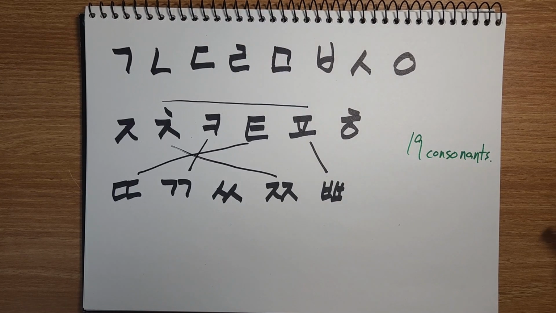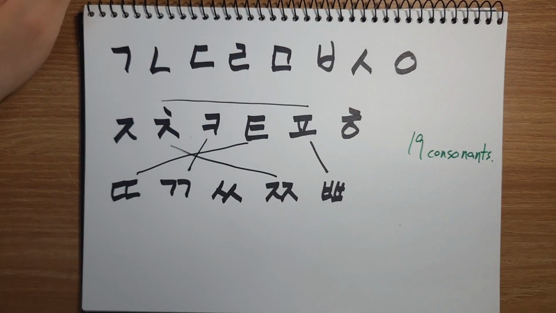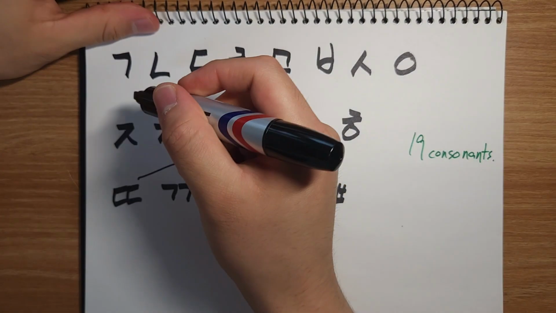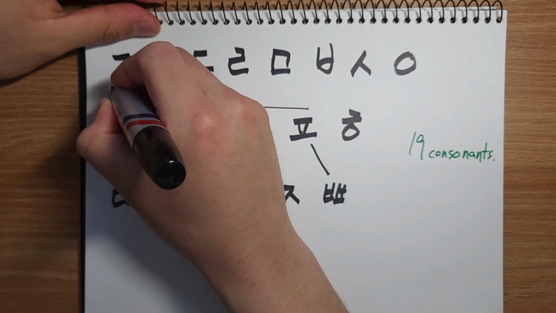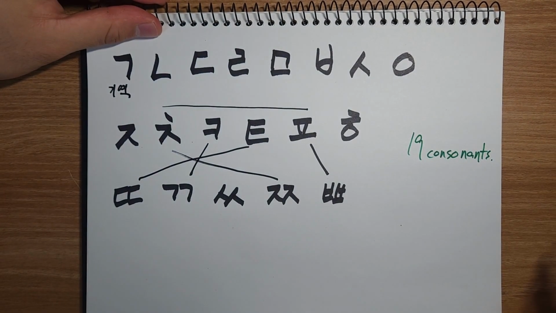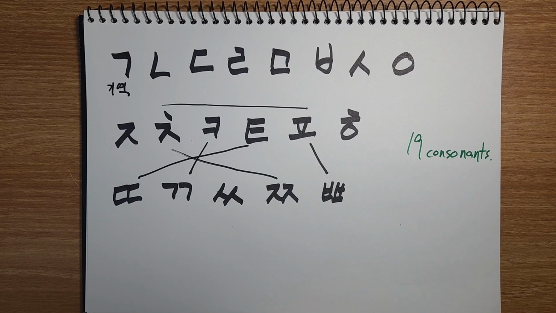And then the next advice is these consonants have names. Actually, they have names, like this one's name is Hyuk. But you don't have to memorize these alphabet names because at the beginning, they didn't have names.